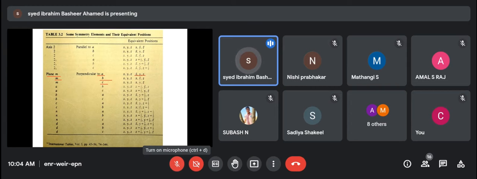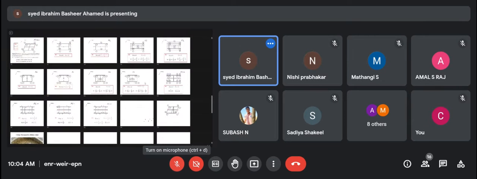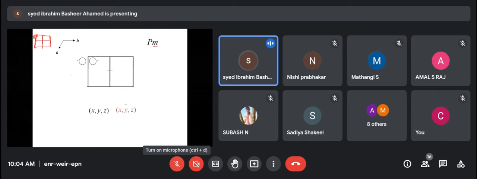If the mirror plane is perpendicular to A, you will have X bar. If it is perpendicular to B, you will have Y bar. Perpendicular to C, you will have Z bar. So what is happening here? Mirror plane perpendicular to B axis. So this is the B axis, right?